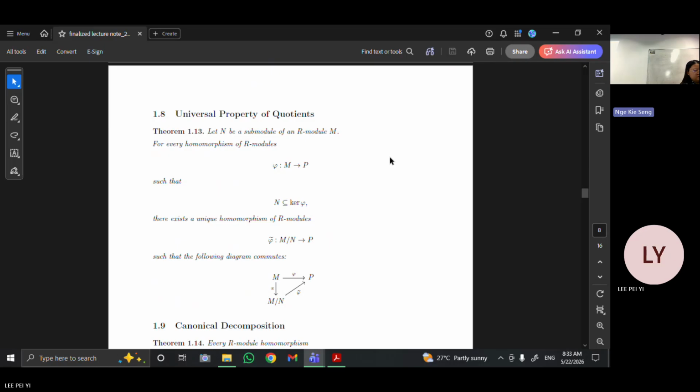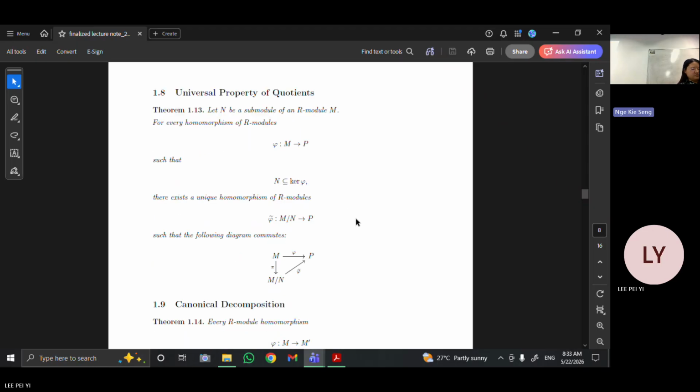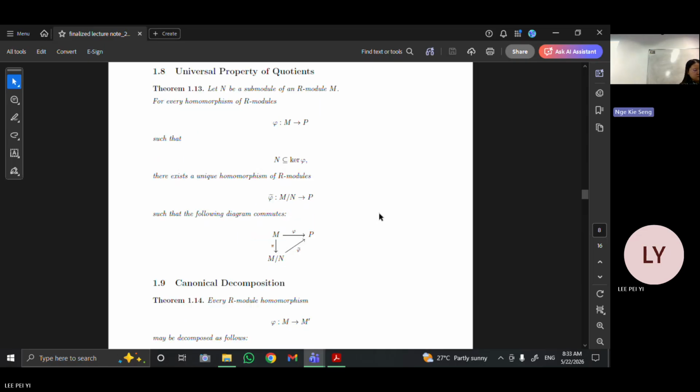The theorem: let N be a submodule of M. If phi from M to P is a module homomorphism satisfying N is a subset of the kernel of phi, then there exists a unique homomorphism of R modules as below, such that the following diagram commutes.